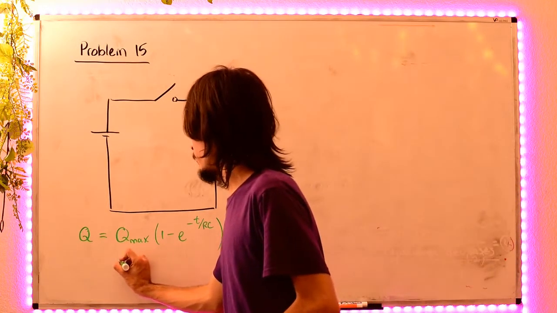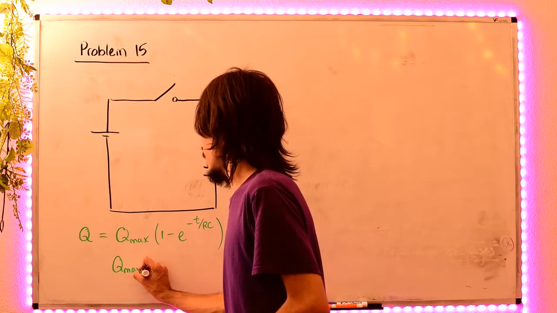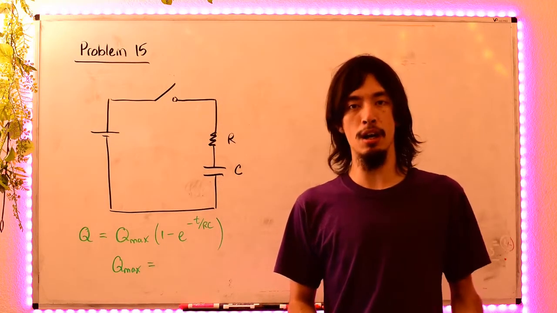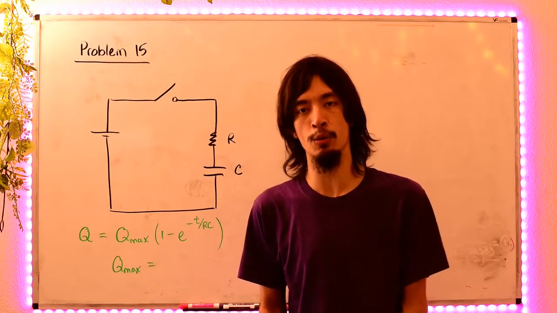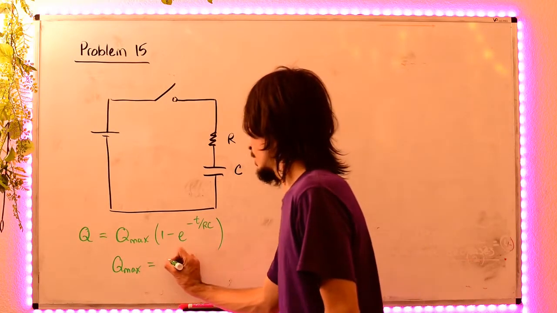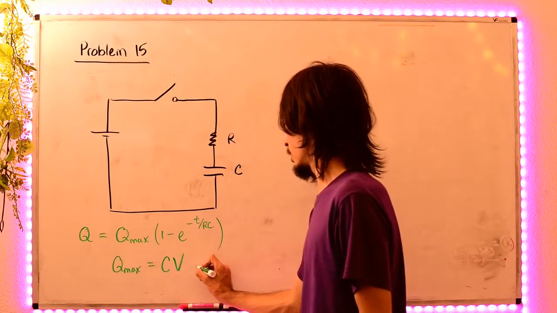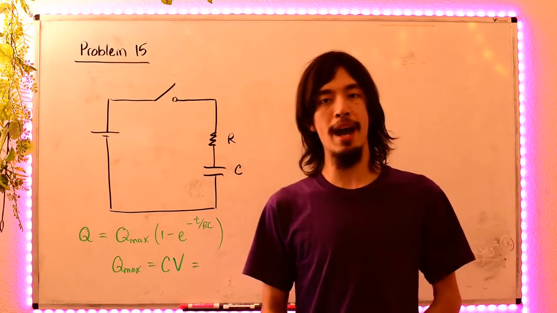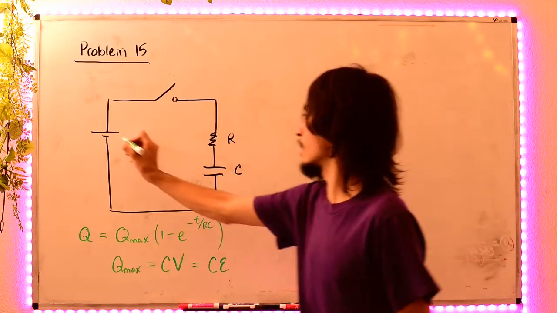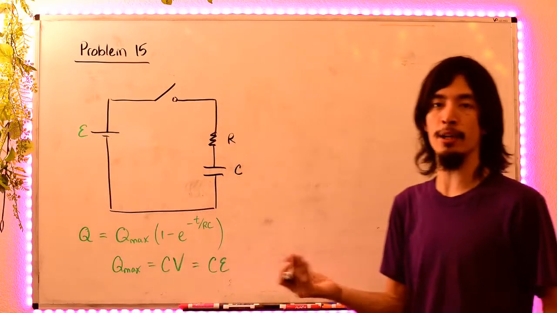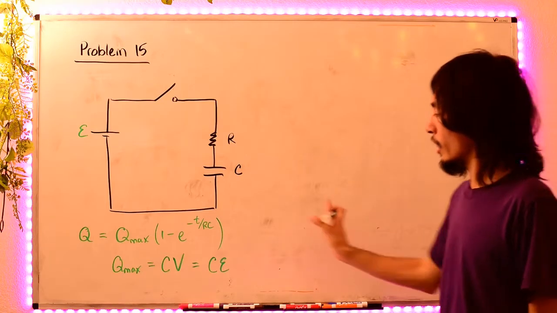Here Q max comes from the capacitance, where capacitance equals charge divided by voltage. The charge equals the capacitance times the voltage, which in our case is the battery's voltage. So it is actually C times epsilon, as we would normally write for the battery. Now, we're not going to use this in this problem.